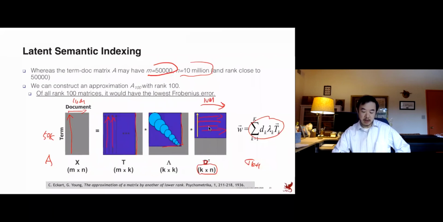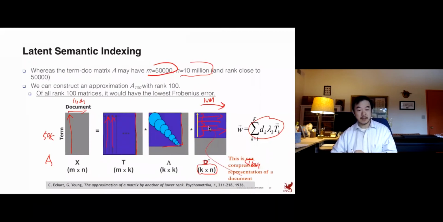Therefore, each document now has a correspondent in this matrix, but it is now a lot shorter vector. It is only of dimensionality k. And this corresponds to the new representation of the document. That achieves the goal of dimensionality reduction. Your documents, which were originally 50k dimensional, become now k-dimensional, much shorter vectors.